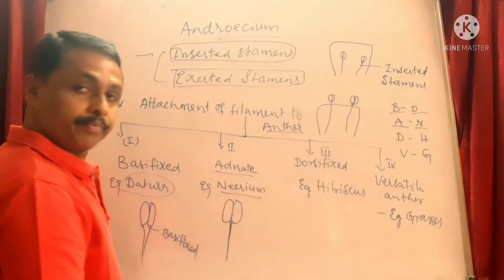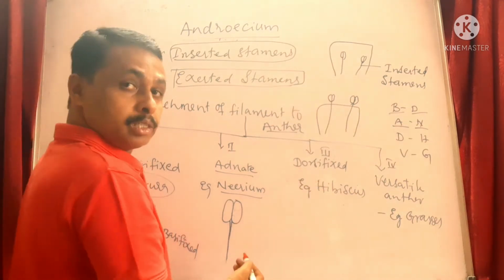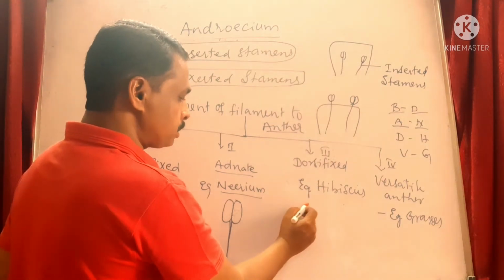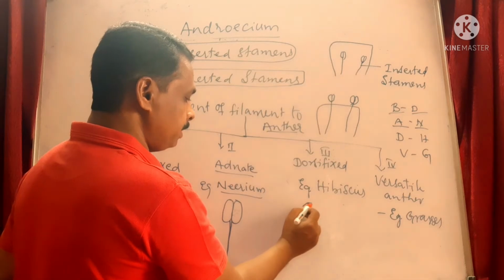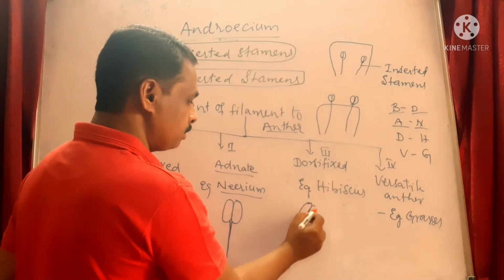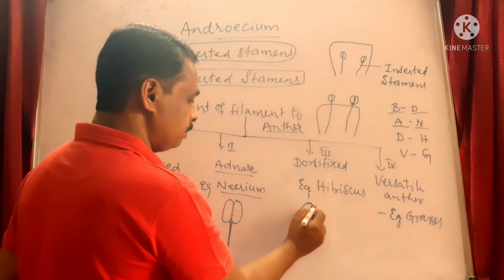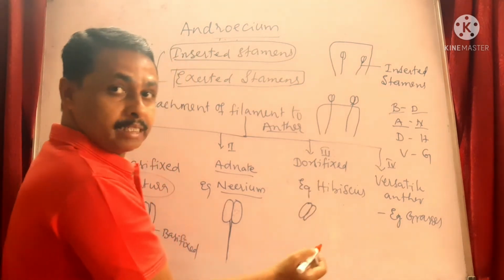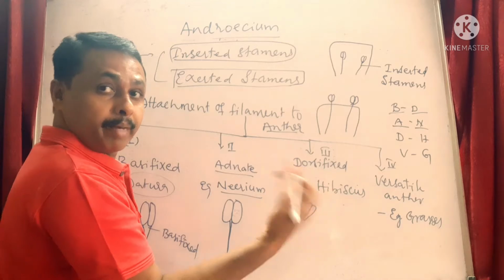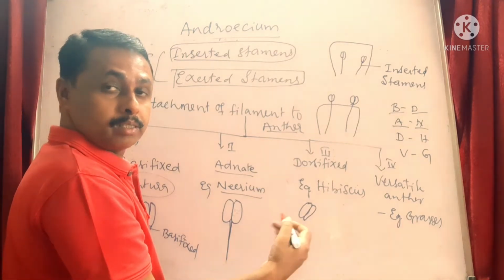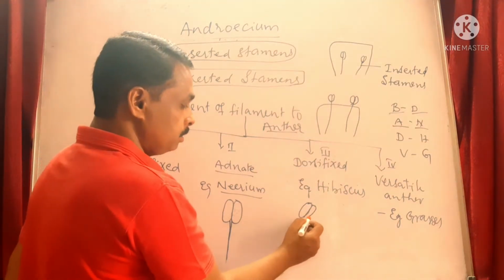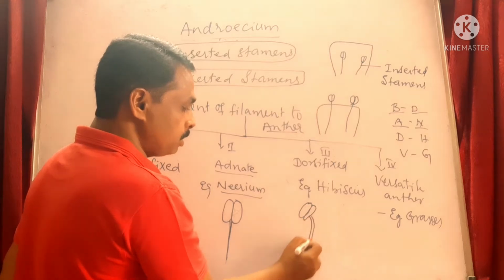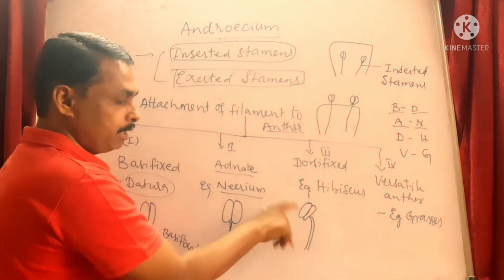Example, Nerium. The next one is dorsifixed. So this is the filament, and this is the anther. Now the filament is attached behind or at the back of the anther, the dorsal side of the anther.